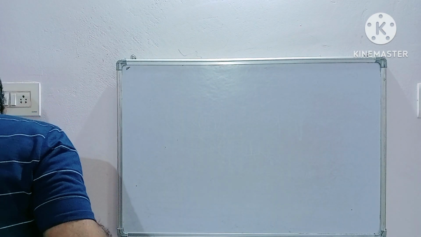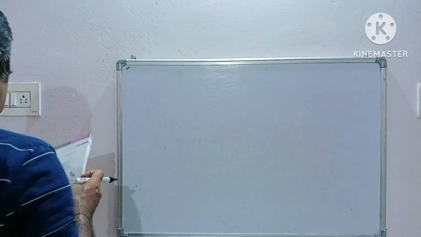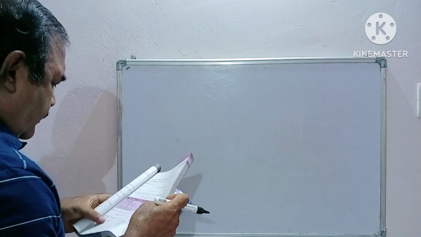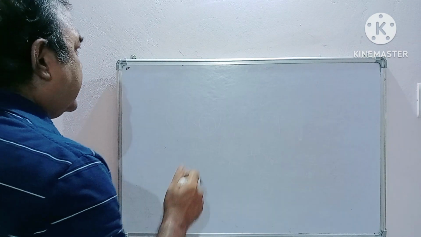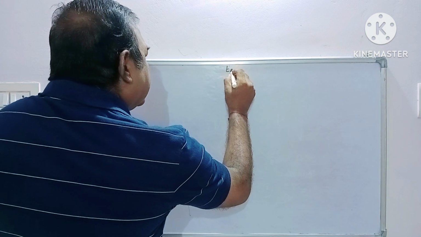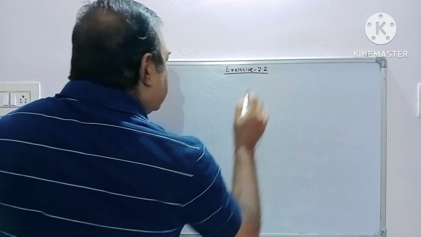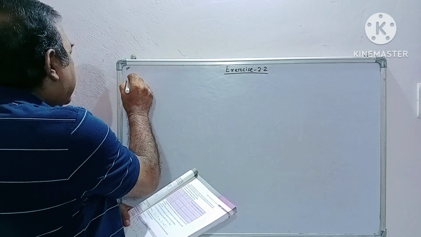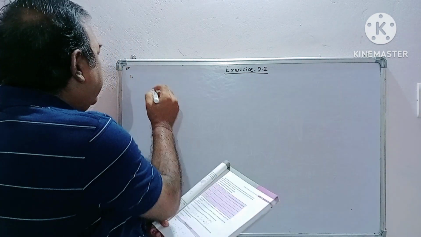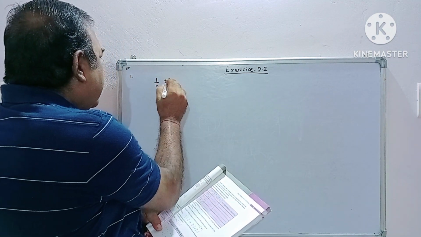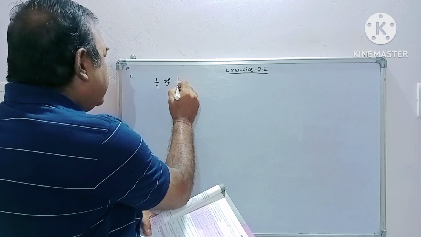So we will move to exercise 2.2. So question number 1 is very easy, because find, that means we will have to find 1 by 4 of, first it is given 1 upon 4.